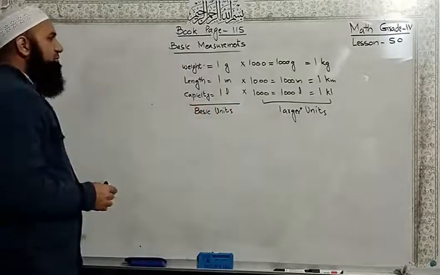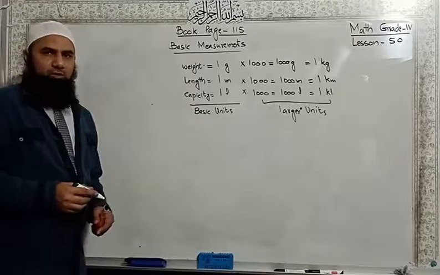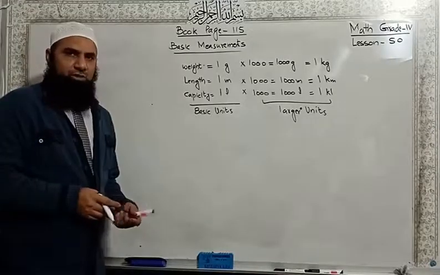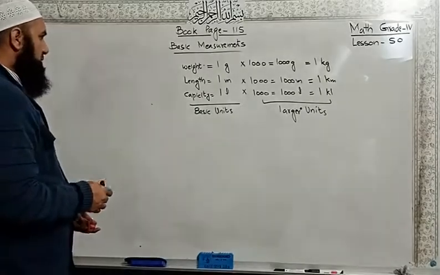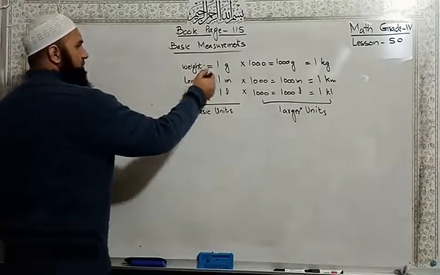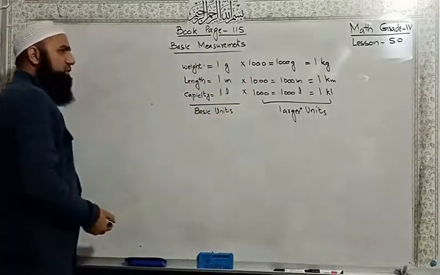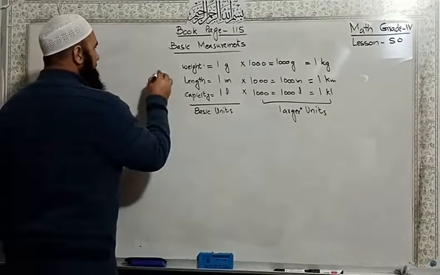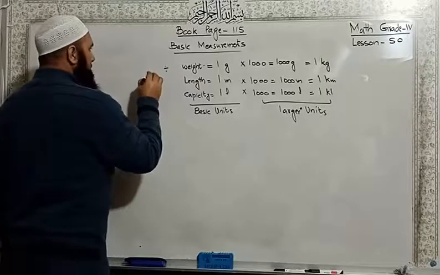Now, if we have very small weight, very small length, and very short capacity, then what will we say? We divide it. For larger units, we multiply by 1000. For smaller units, we divide by 1000.